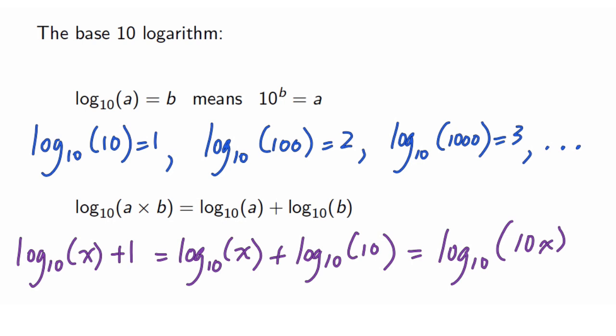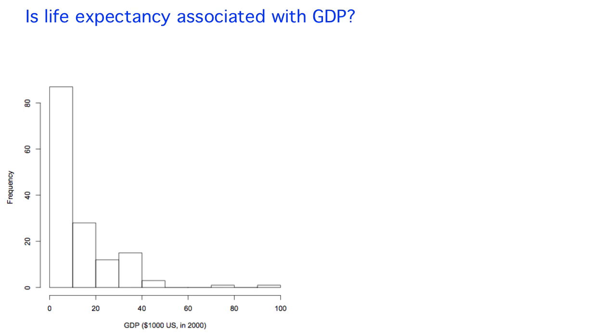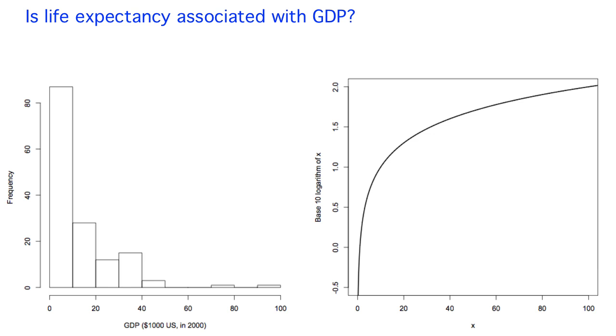Now back to the relationship between life expectancy and GDP, here's why the logarithm transformation will be useful to us. The distribution of GDP is very right-skewed. Many countries in the world are not very wealthy, with low GDPs, and there are few countries with high GDPs. And here's a sketch of the logarithmic function.